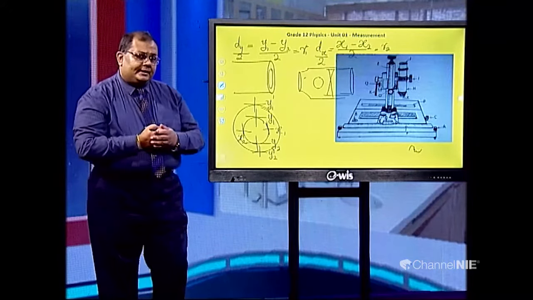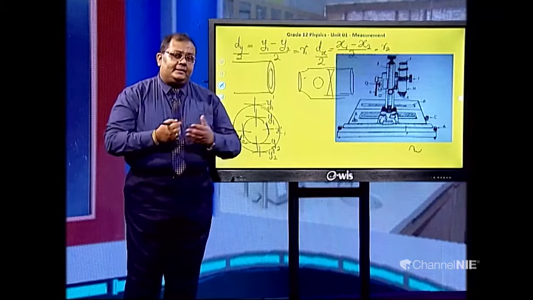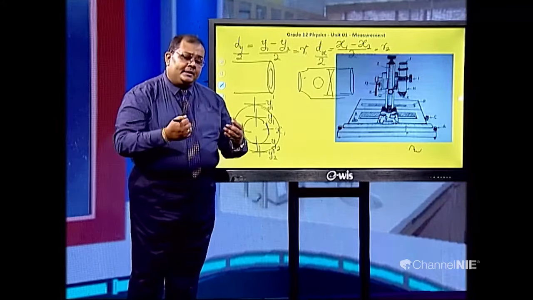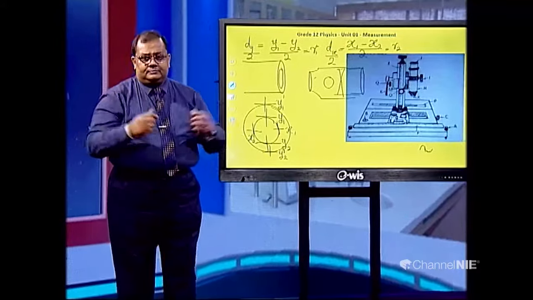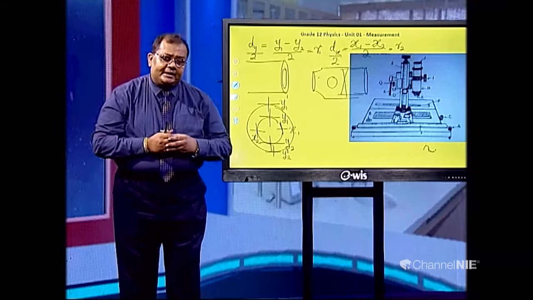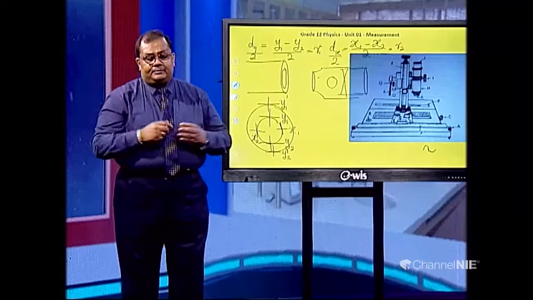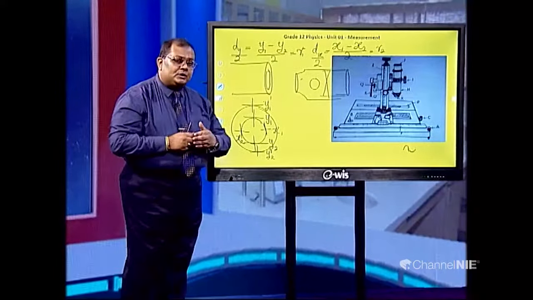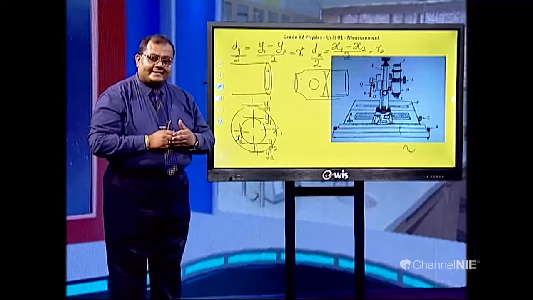Then sometimes in practice, if you want to find the diameter for the entire tube, not only edges. Here we found at the edge of the tube the internal diameter and external diameter.